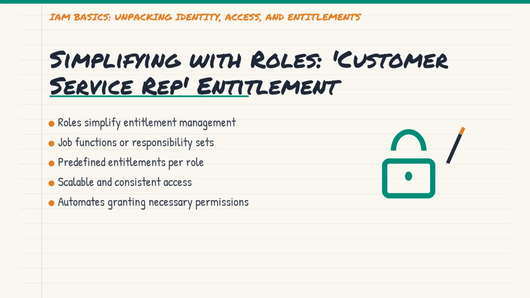Then, instead of assigning hundreds of individual permissions to each new employee, we just assign them the customer service representative role. This automatically grants them all the necessary entitlements. It's a massive time saver and makes managing access much more consistent and scalable in large organizations. It's like having job descriptions for digital access.